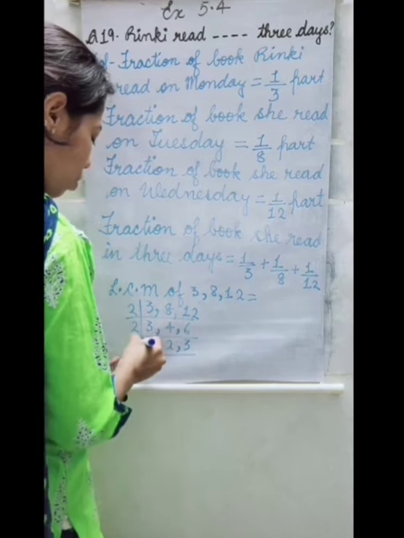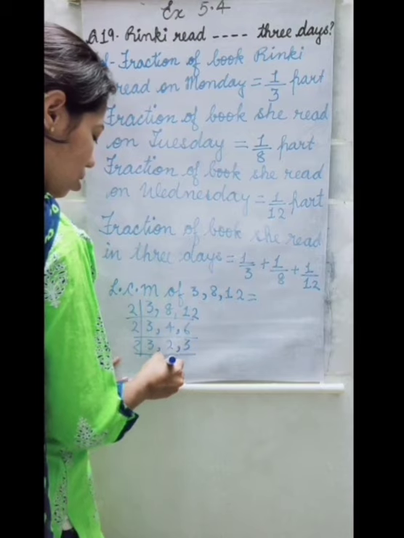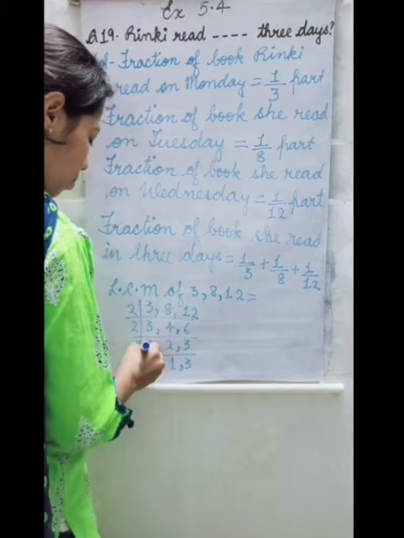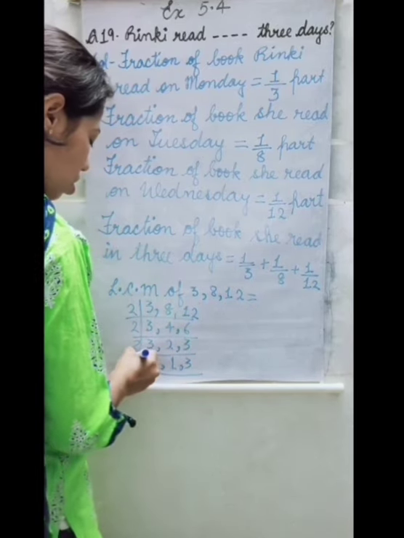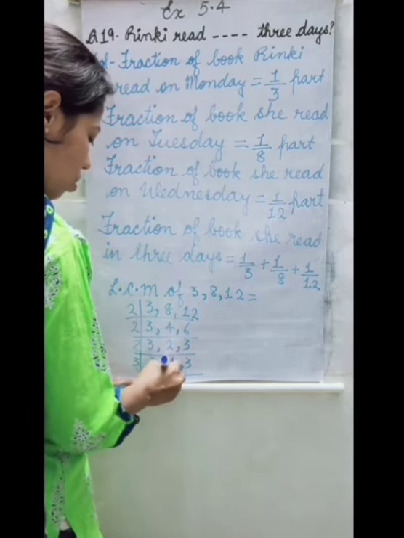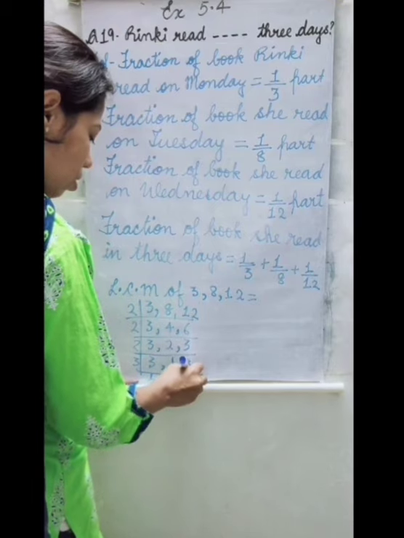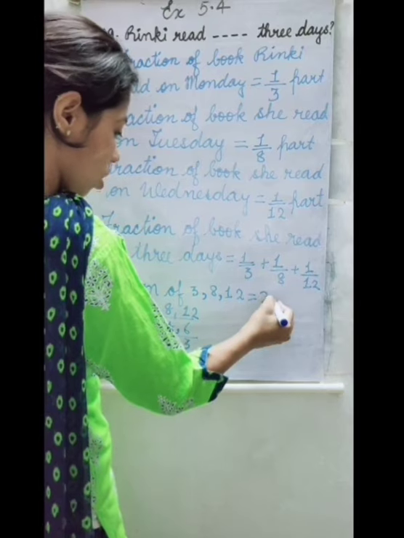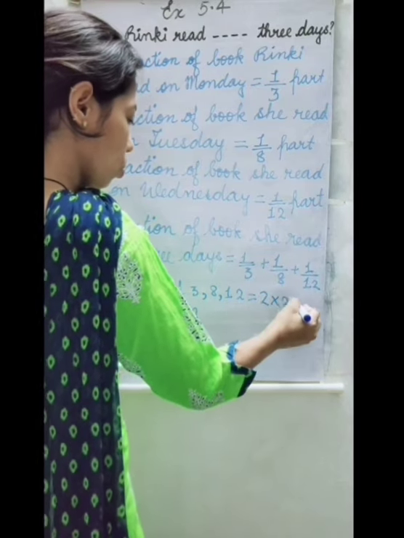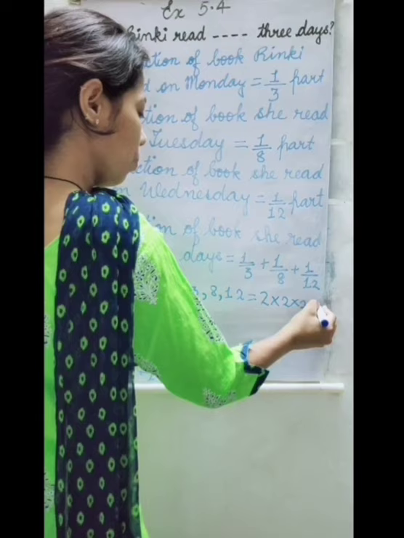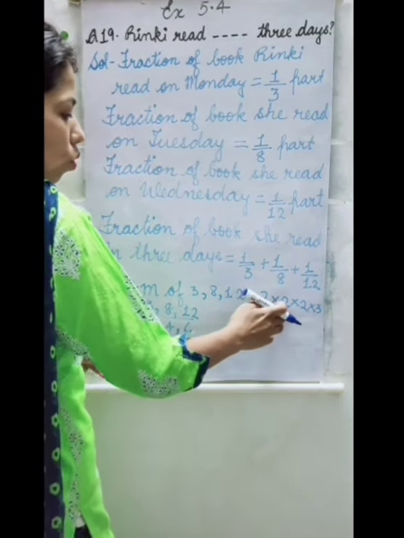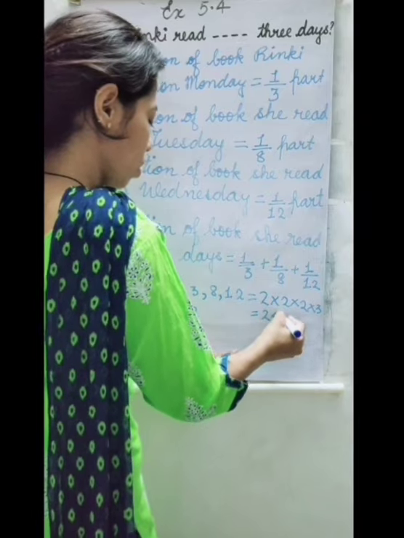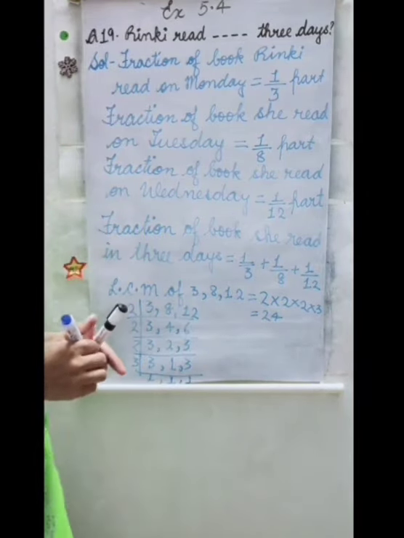Again by 2: 3 comes down, 2, 3. Then by 3: 1 and 1. So the LCM of 3, 8, 12 is 2 times 2 times 2 times 3, which is 24.